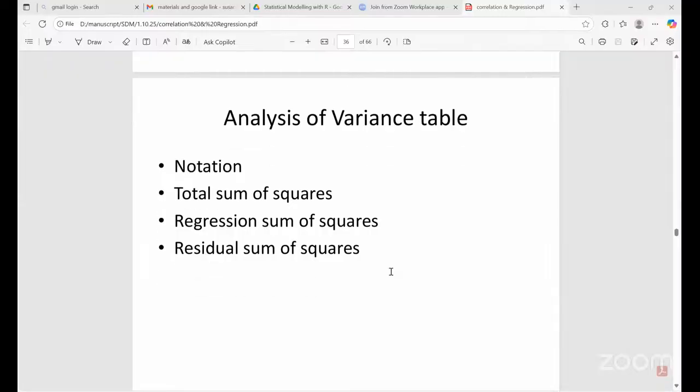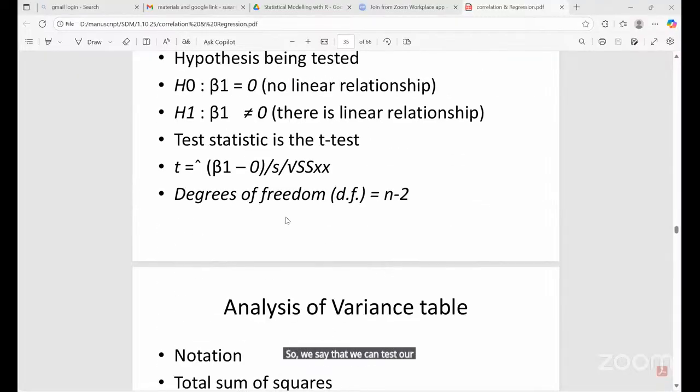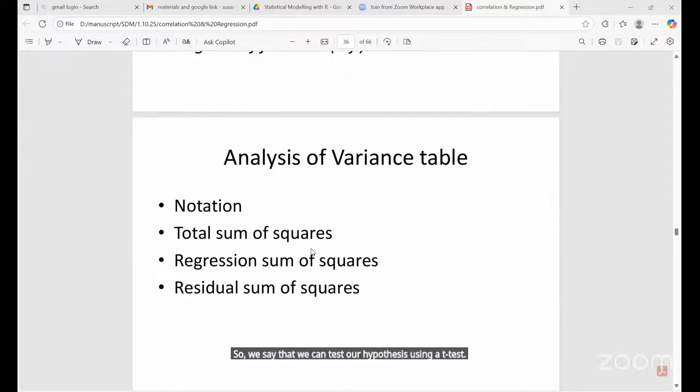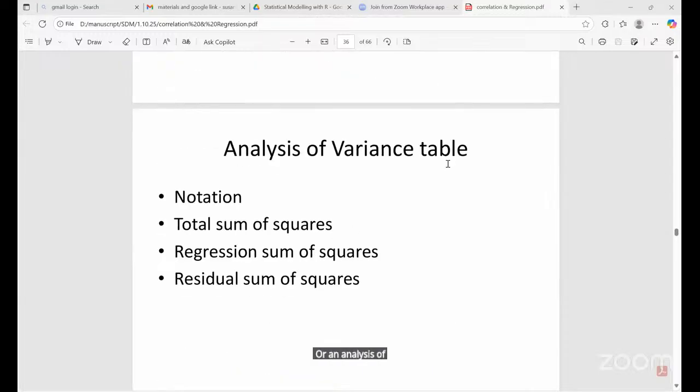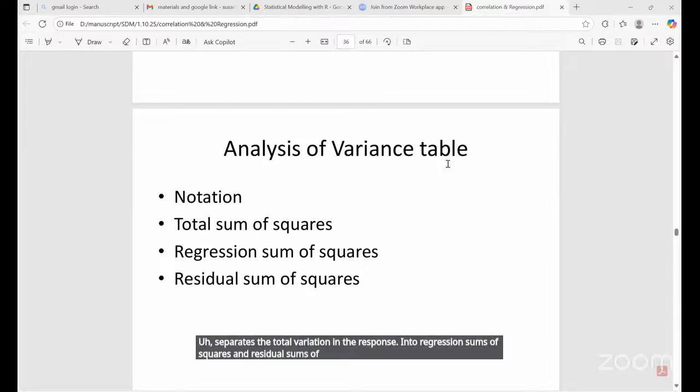We can test our hypothesis using a t-test or an analysis of variance table. The analysis of variance table separates the total variation in the response into regression sums of squares and residual sums of squares.